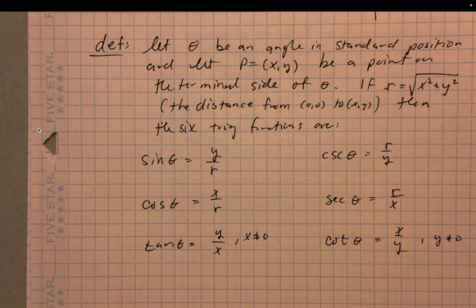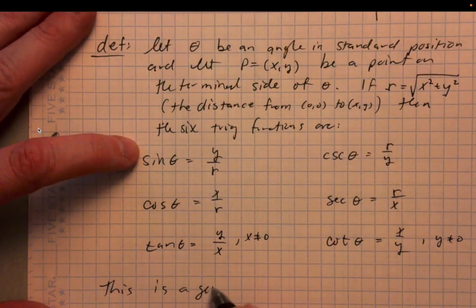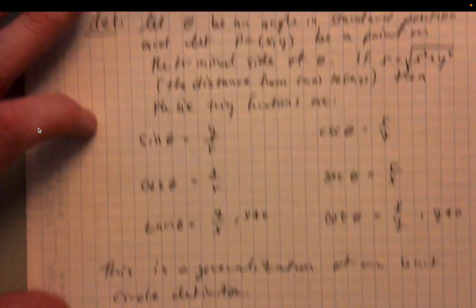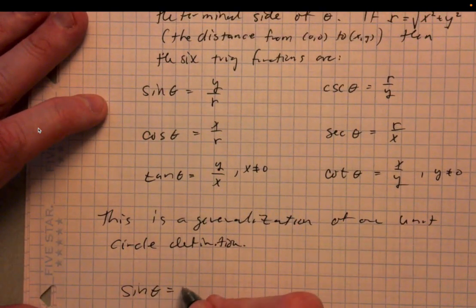We can see that this is really just a generalization of our unit circle definition. In the unit circle definition, we had sine of theta equals just y.